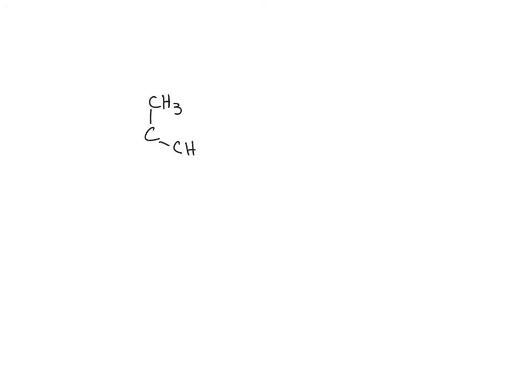I will do the POGL activity in a separate lecture because this is a lot. All right, so let's assign R and S to this. Do you see this is your asymmetric carbon? This molecule has 1 asymmetric carbon because the other ones are CH2, CH3, and CH3.